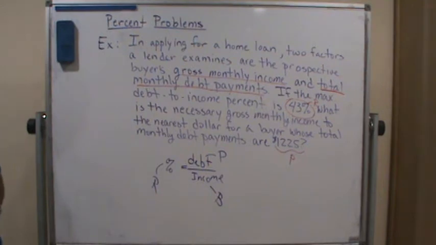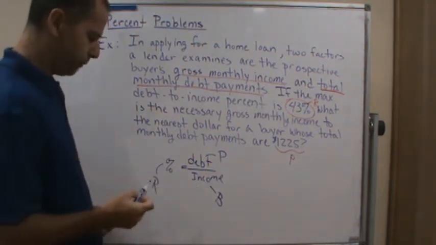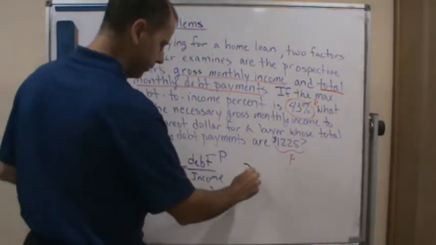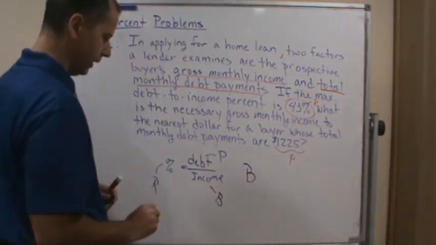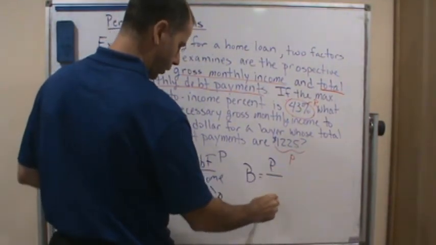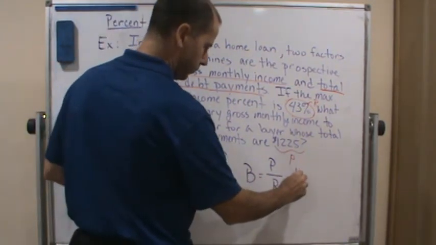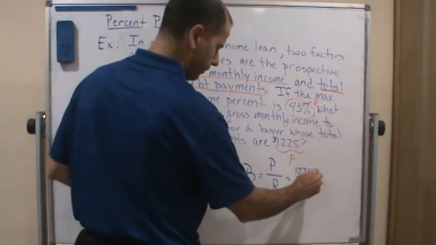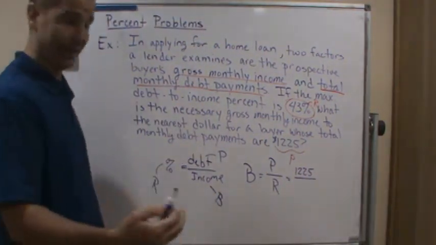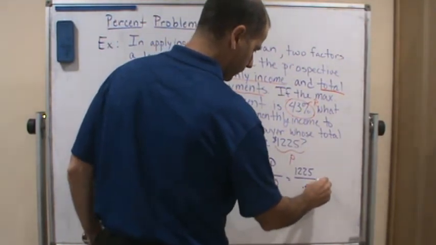Now let's solve for B. This means B is equal to P over R, which in this case is going to be $1,225 over 43%, but we're going to write that as a decimal, so that's 0.43.